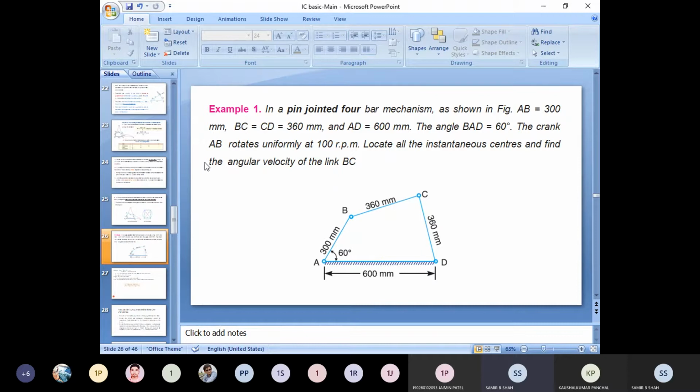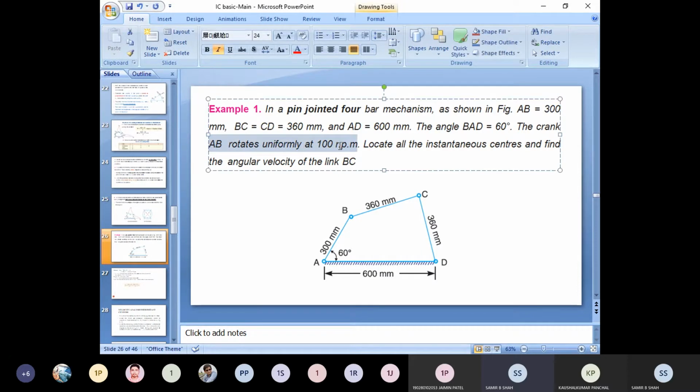The crank AB rotates at 100 RPM. Locate all the IC centers first, and find the angular velocity of link CD and the angular velocity of link BC.